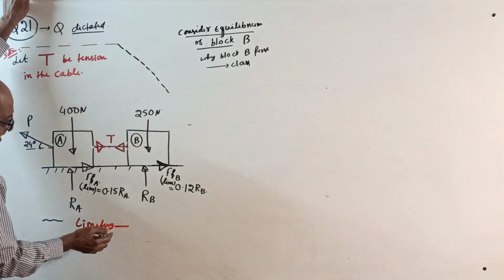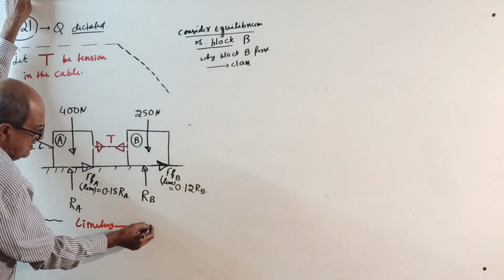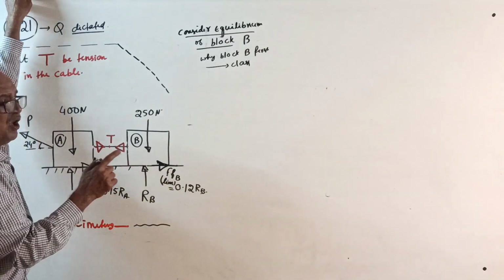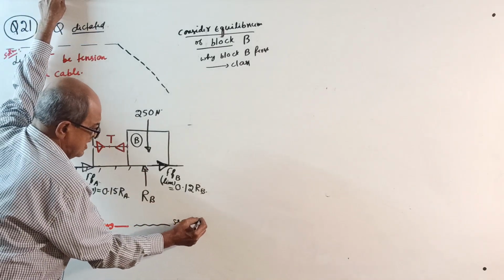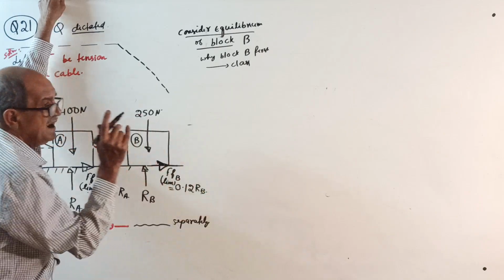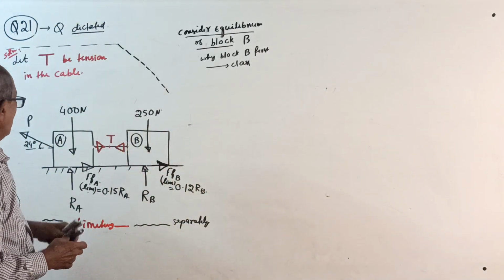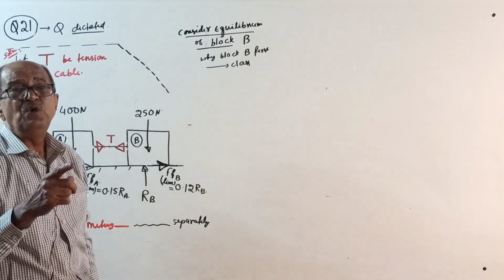After writing all this, you consider equilibrium of each block separately. This I wrote last time, everything separately, one block A, one block B, but decide which block first.